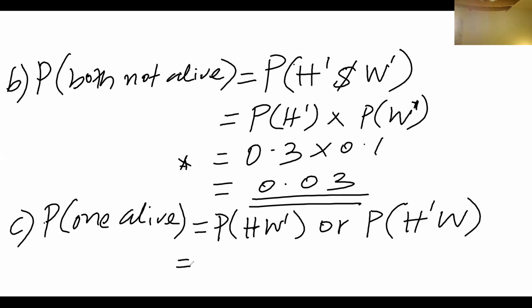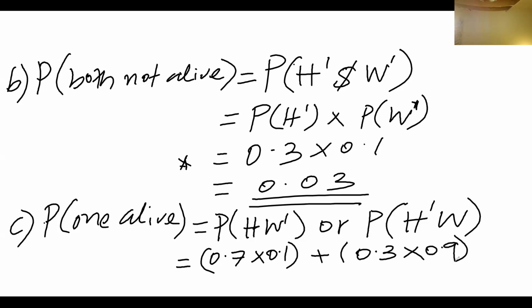So the probability that the husband is alive is 0.7, the wife dead is 0.1. Or now add the probability that the husband is dead, 0.3, and the probability that the wife is alive, 0.9.